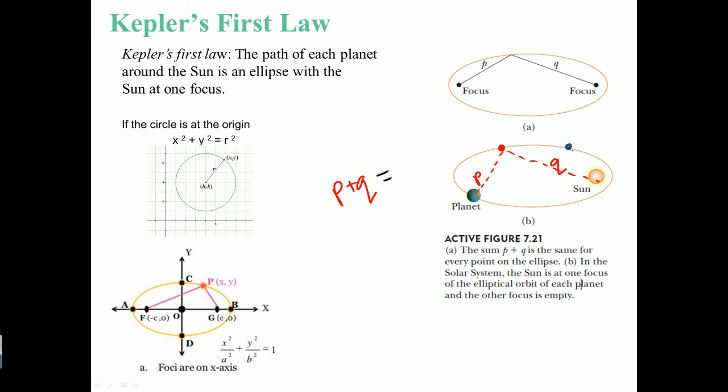So it's going to have a new measurement to the sun, which is going to be called Q prime, and it's going to have a new measurement to the planet, which is called P prime. Did you know that P plus Q is the same distance as P prime plus Q prime? It says that the sum of these distances is going to be the same. So this is Kepler's first law.